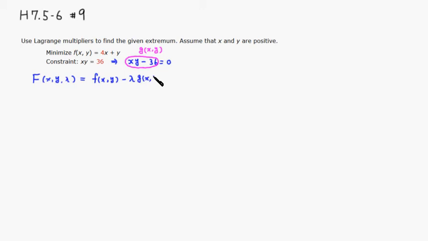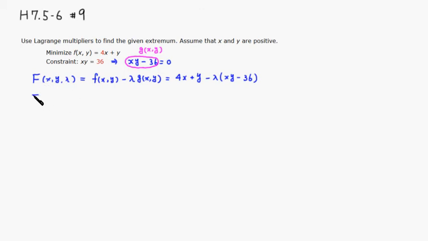minus lambda times g of x, y. So we'll get 4x plus y minus lambda times quantity xy minus 36. Let's find a partial with respect to each variable.